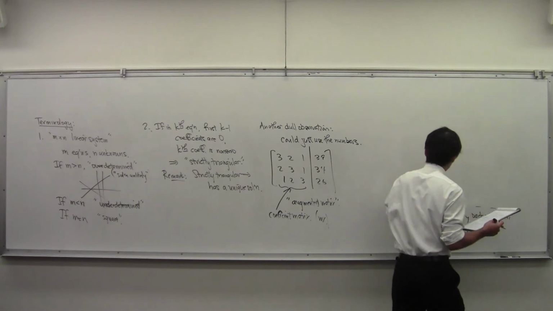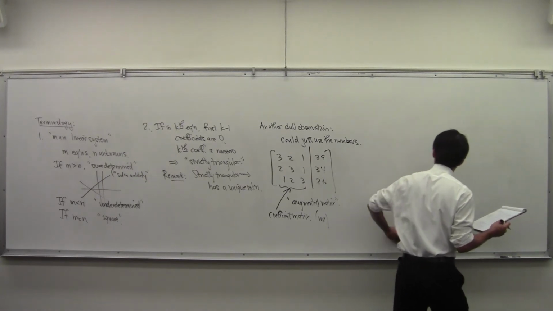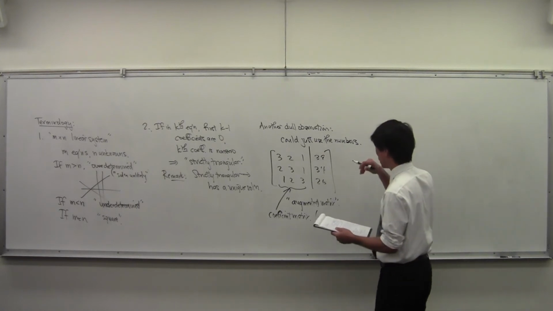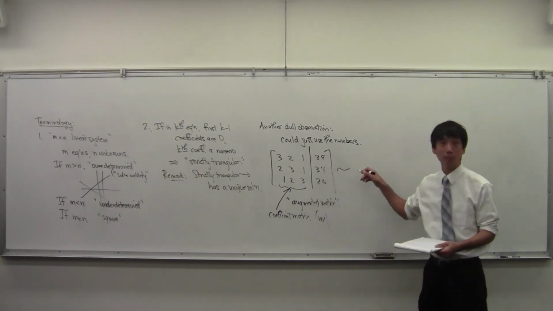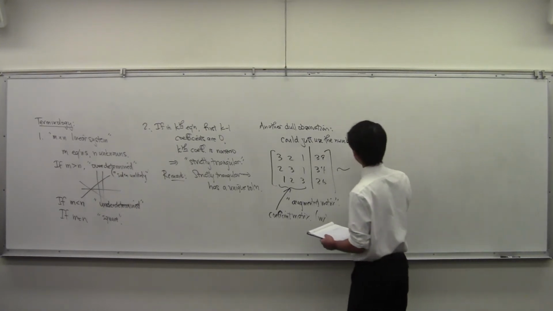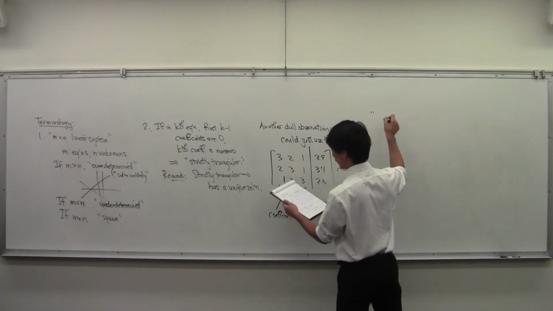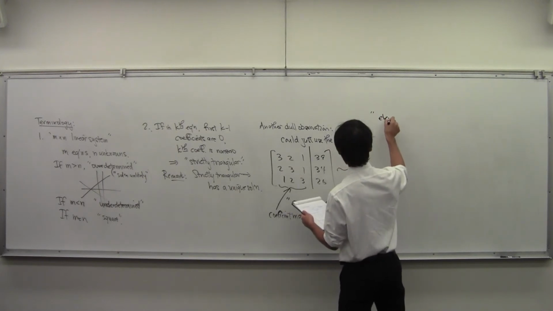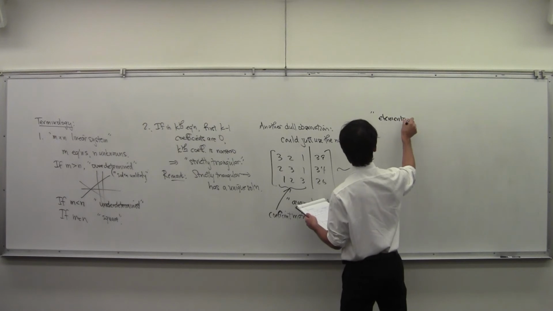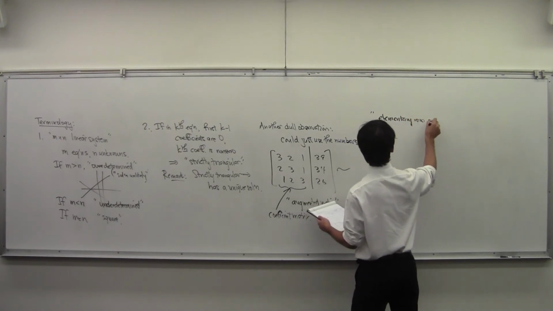So you take your system, right, and then you apply those operations to it. Those operations are given the name elementary row operations.